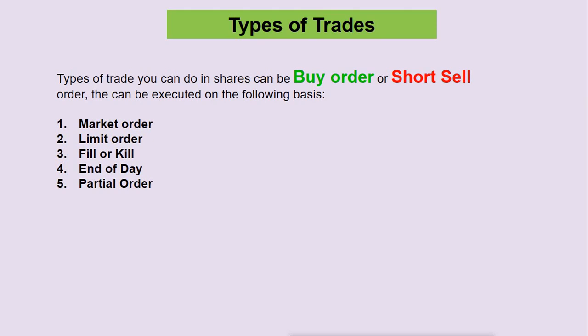If the day closes without him finding the 1,000 shares, the 300 shares that have been bought are going to be put on your account. It becomes a partial order because you wanted 1,000 shares, but you ended up with only 300. So these are the types of orders that happen, and you need to be cognizant of what each of these types of bases mean.